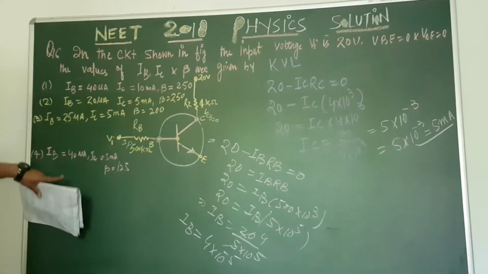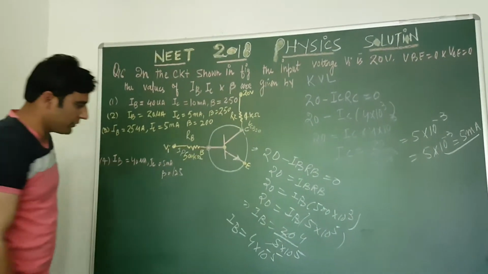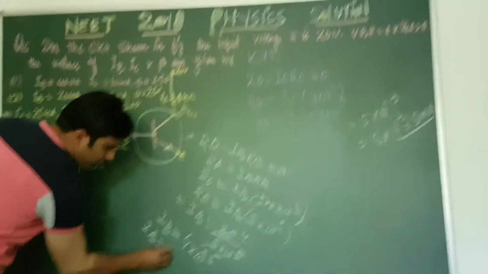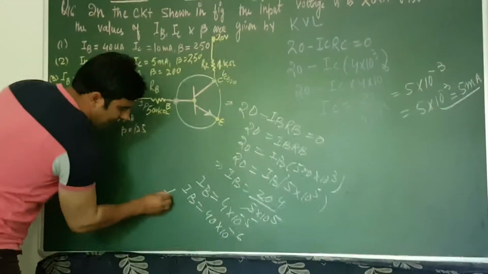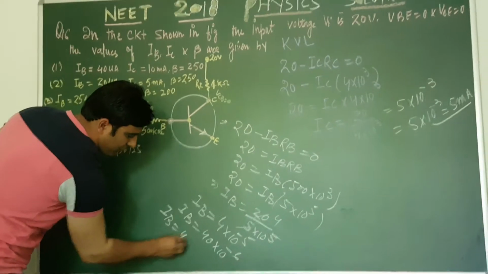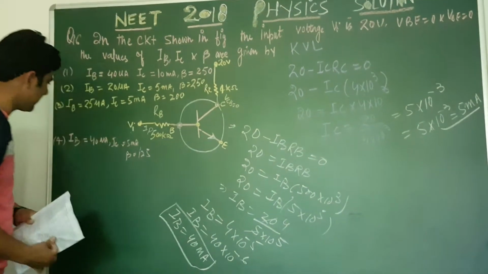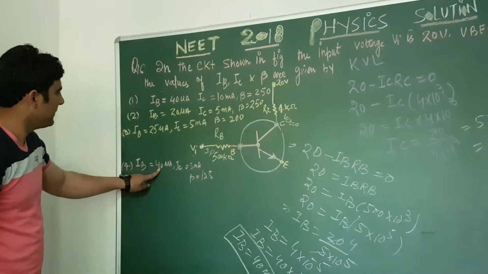If we go for the unit in which the options are given, it will become IB is equal to 40 into 10 to the power minus 6, and IB will be equivalent to 40 microampere. Is there any answer for 40? Yes, it is here.